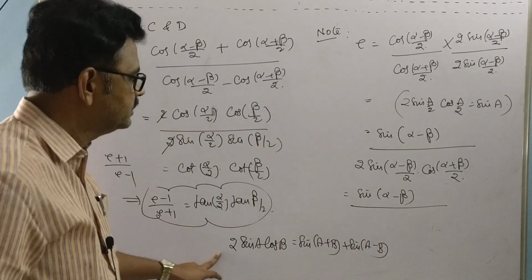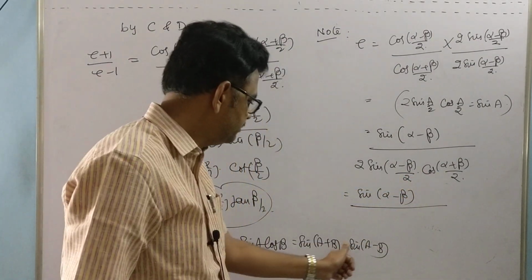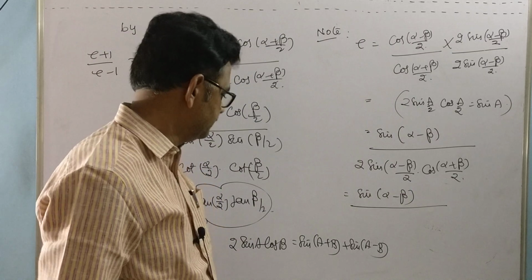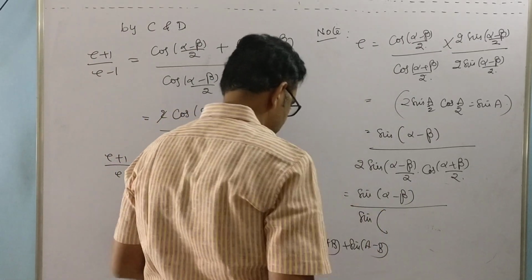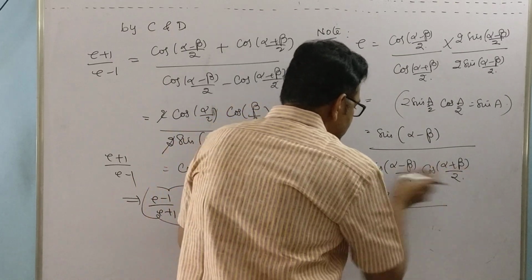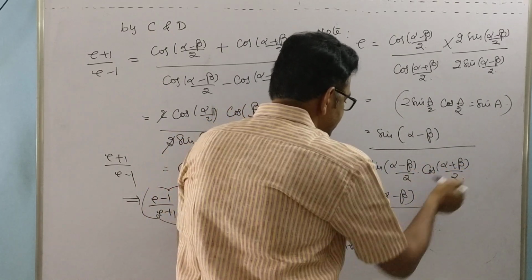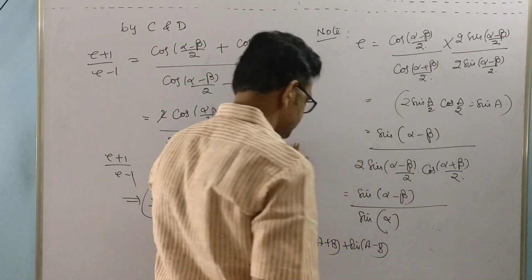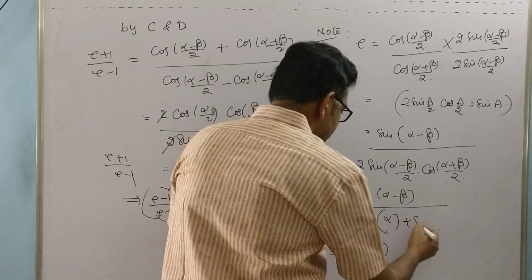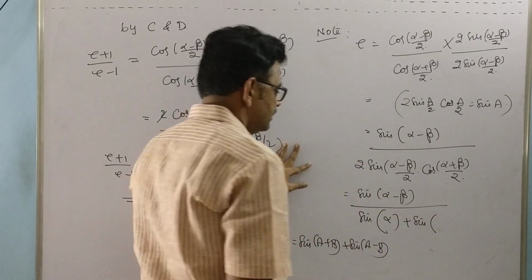Okay, 2 sin A cos B equal to sin of A plus B plus sin of A minus B. Now this is sin of A plus B. Sin of A plus B means what? Adding these two, beta gets cancelled. So this is alpha, and plus sin of A minus B. A minus B is what?